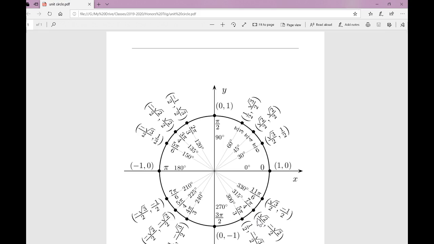Does anybody see where we get root 3 over 3 on the unit circle for tangent?